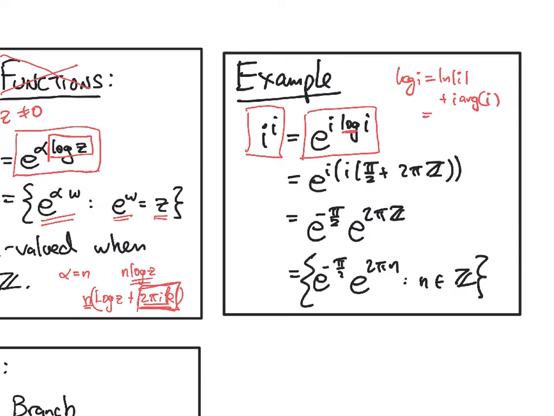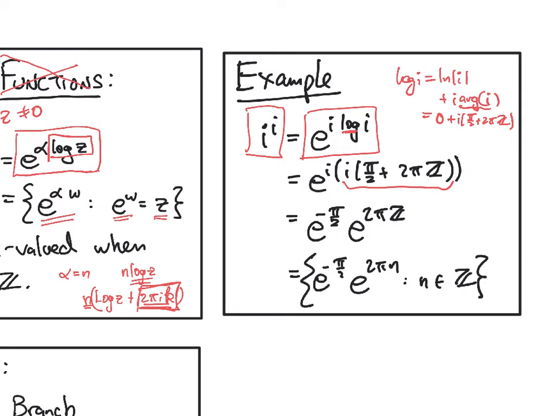Well, the modulus is 1, so natural log of 1 is 0. And the argument of i is, well, it's 90 degrees, so it's pi over 2 plus multiples of 2 pi.